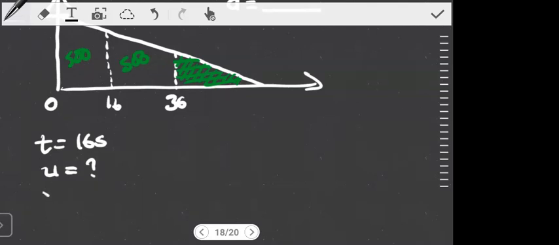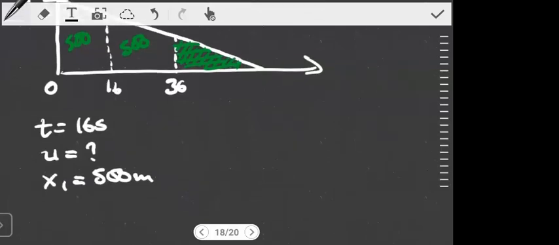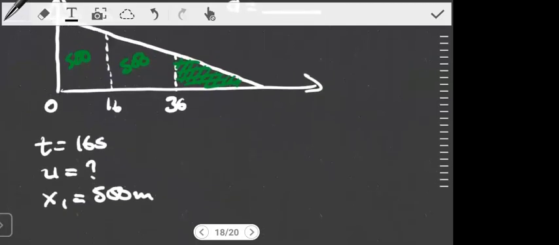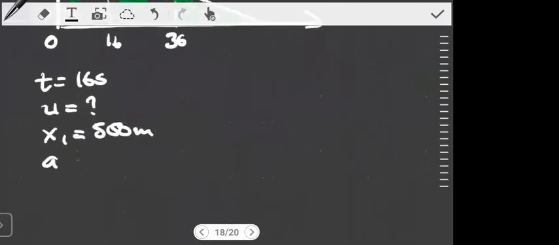So let me say the distance in the first 16 seconds, let me label it just x1. So we know what this one is. It covers 500 meters in the first 16 seconds. And what else? Anything else here? We're also interested in knowing what the acceleration, the deceleration, is in that first part. So we'll just hold on to it as well.